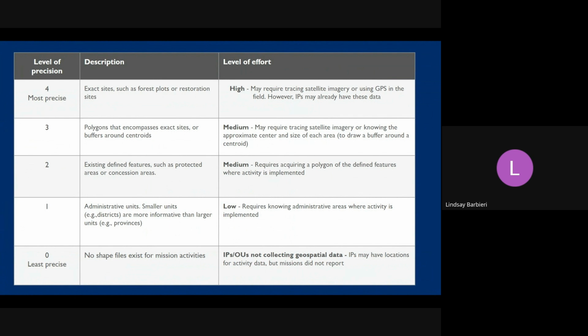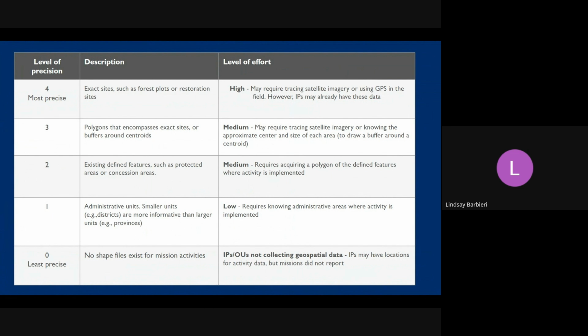However, we've seen the spectrum of how this indicator is being reported through less precise levels of precision, such as polygons that maybe encompass some of these sites where these sustainable landscapes activities are occurring, or maybe even broader at an existing protected area or a concession area, and even broader to a lower level of precision, for example, the administrative unit, like a province.